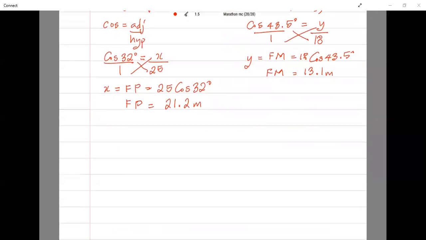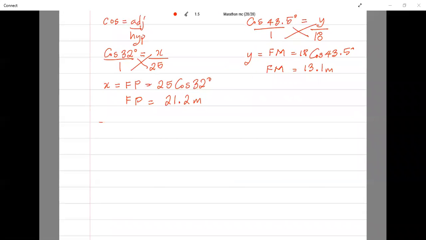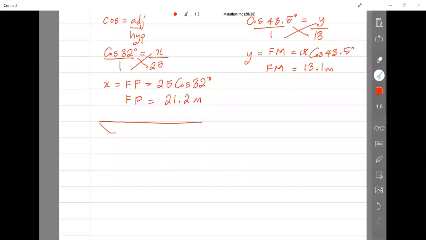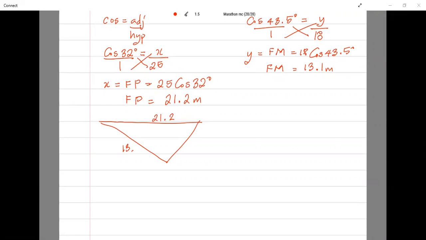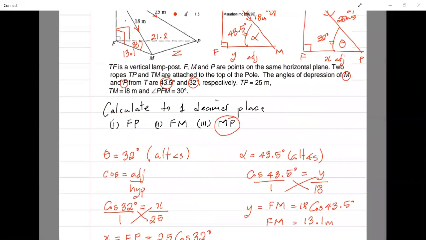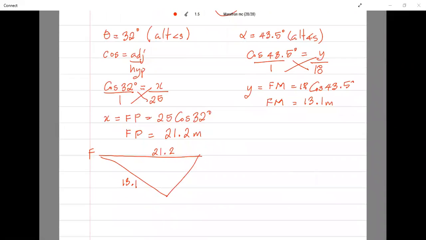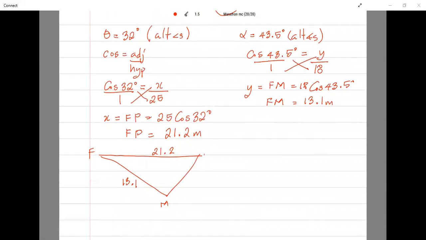So this is our third scenario. This is 21.2. This is 13.1. This is F. The other two letters are M and P. The angle here is 30 degrees.